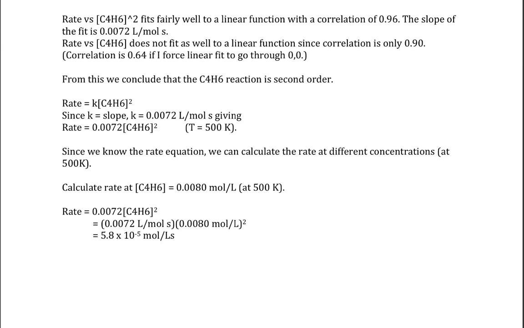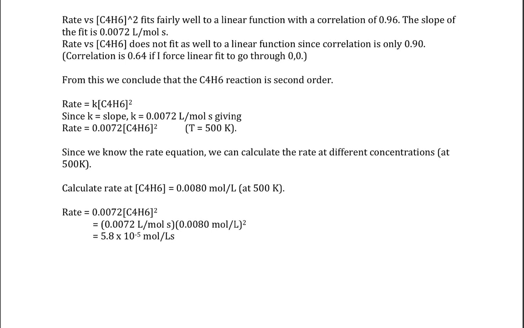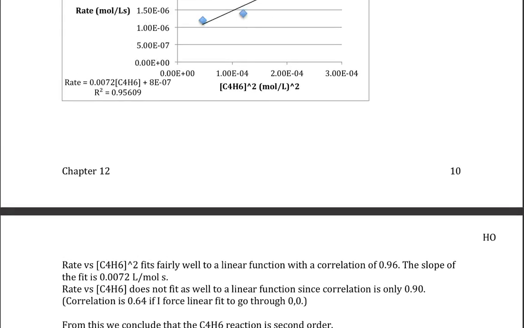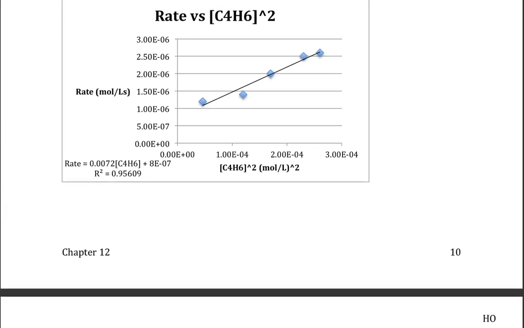Alrighty, so we have the rate versus C4H6 squared fitting fairly well to a linear function. The correlation is 0.96 and the slope is 0.0072. The units come out this time to be liters per mole seconds because we have on the y-axis moles per liter seconds, on the x-axis moles squared per liter squared.